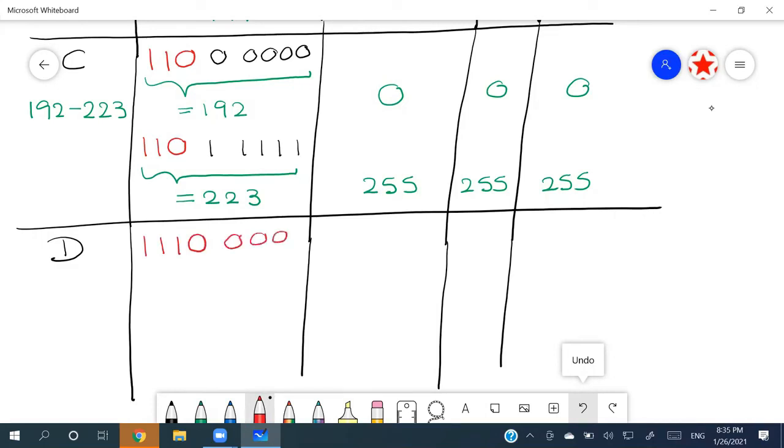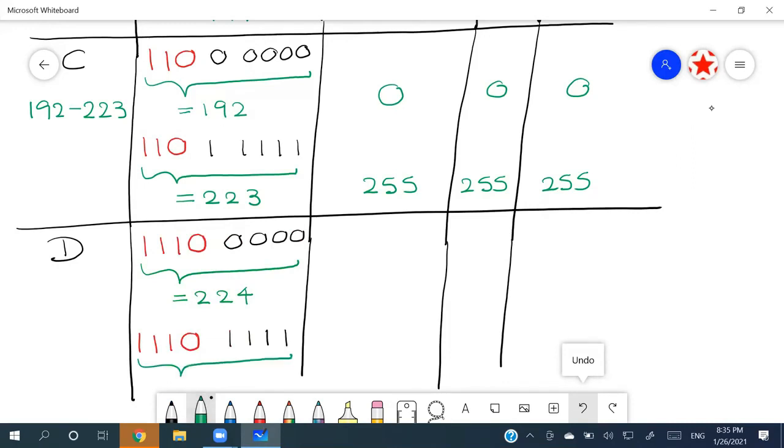So there are 4 zeros that can be changed, which gives you a total of 224. For the most value, 1110 is not changed, then 4 ones are there, which gives you a total of 239. Here the other octets are the same, 0 to 255, 0 to 255, and 0 to 255.